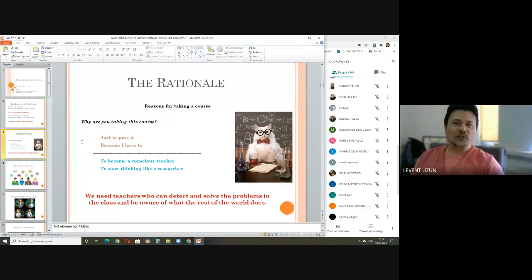Just to pass it, I have to pass this course, so I'm taking it just to pass it, or because I have to. Similar purpose, similar reason. On the other side of the coin, there are some students who say, to become a conscious teacher, to start thinking like a researcher, and these are some reasons that are also included in the purpose of this course.